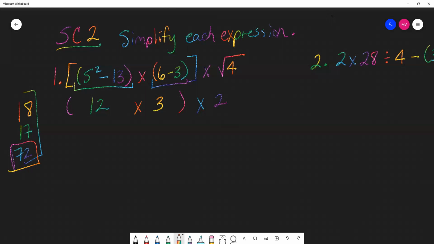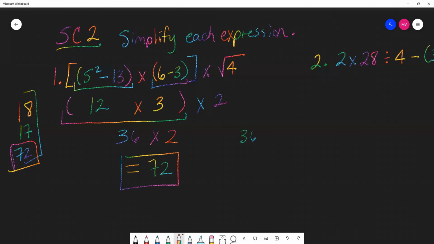Okay. Now we're nice and simplified. What is 12 times 3? Because that's what we do first. 36. There we go. 36 times 2, and that equals, we could have just said 72 from the back. You can work it out.